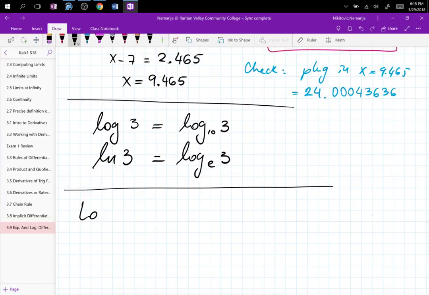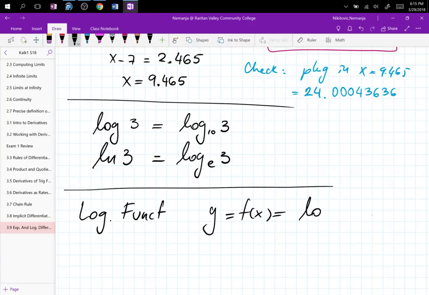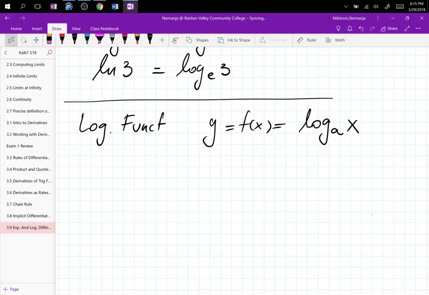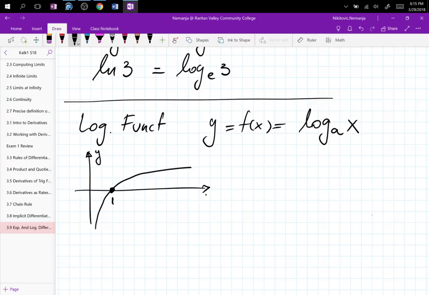So now, what do I do with the log function? y equals f of x is going to be log base a of x. And now there are specs for that, one of which is the graph. The graph goes like this, going through number 1. So this is the graph of log x.